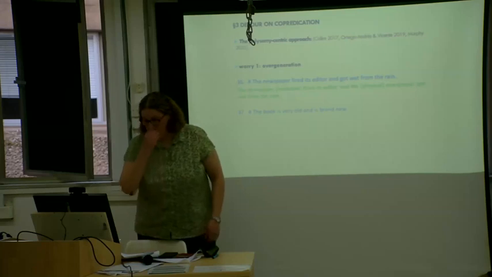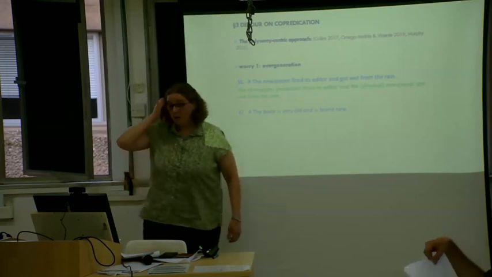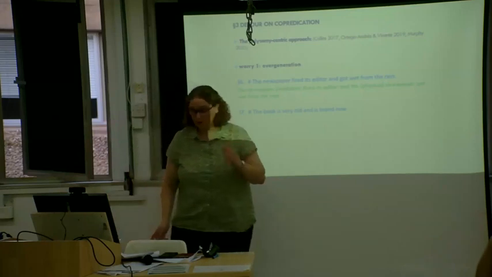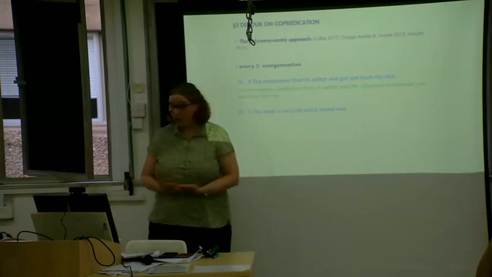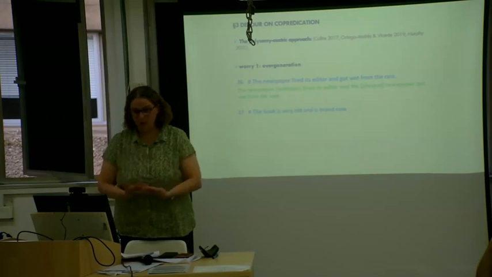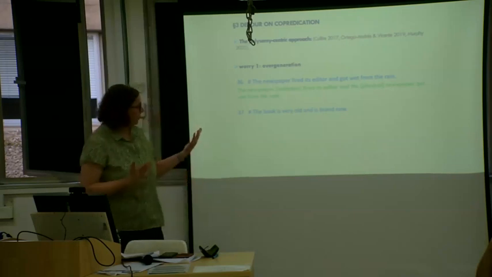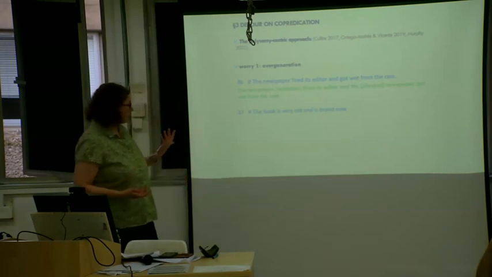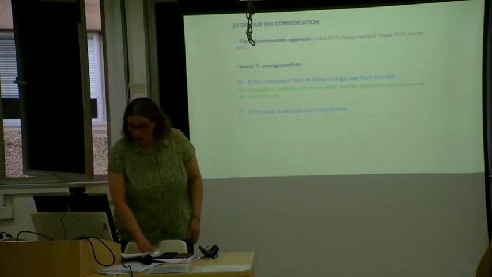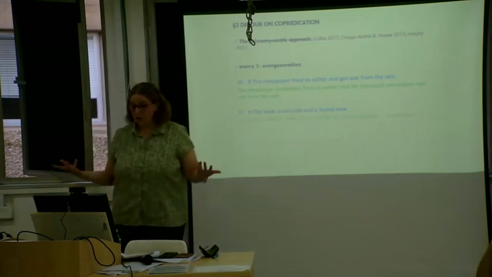So let's look at book again. Suppose I have a brand new copy of a very old informational book, and think of the sentence, "the book is very old and is brand new." Except if we read that metaphorically somehow, this sentence is not felicitous, but according to the polysemy view, this should be totally fine.